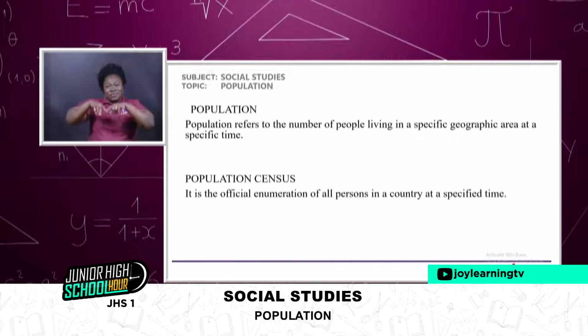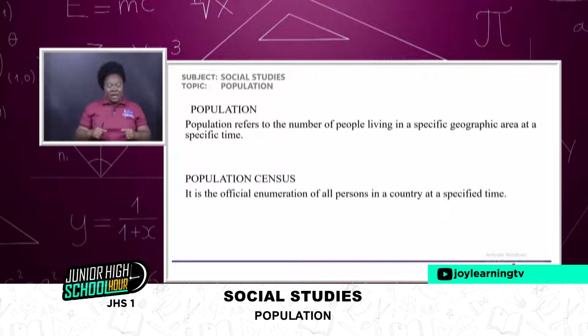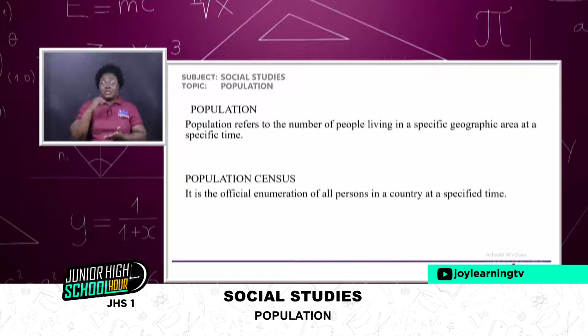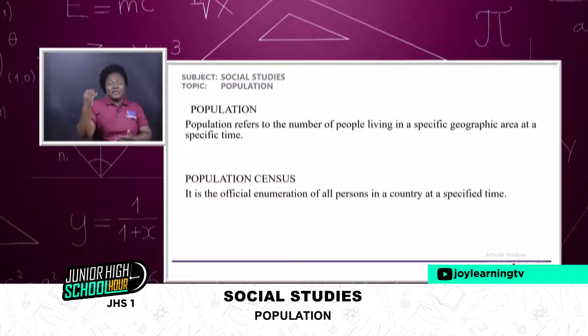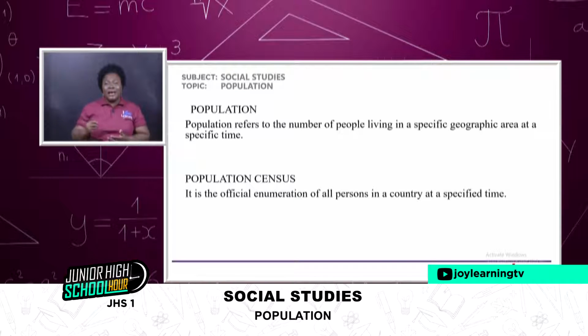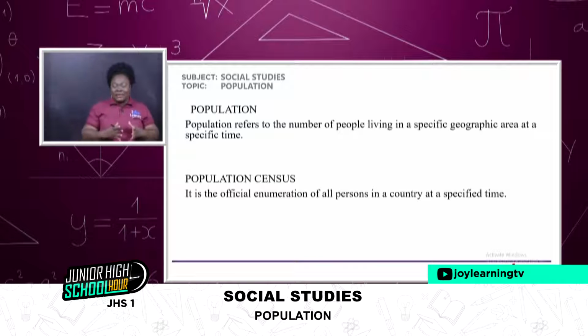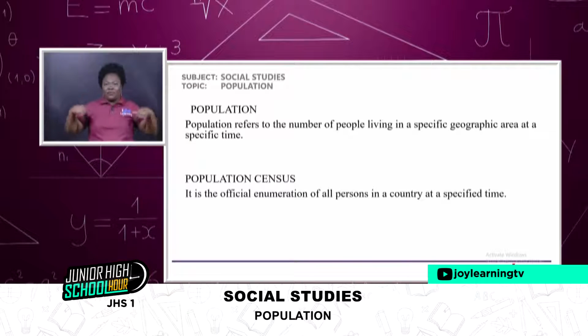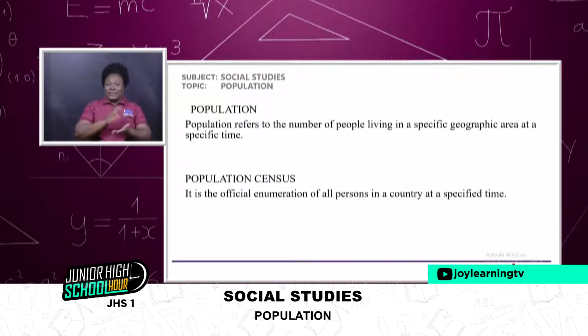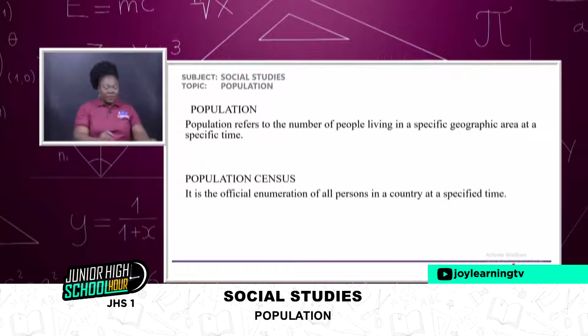So that is a specific geographical area. And then the census is official enumeration. When we talk about enumeration, we are talking about counting, taking certain details, data, and others of a person in a country. So that means that the whole of Ghana is the census, but the population is a specific geographical area, right?